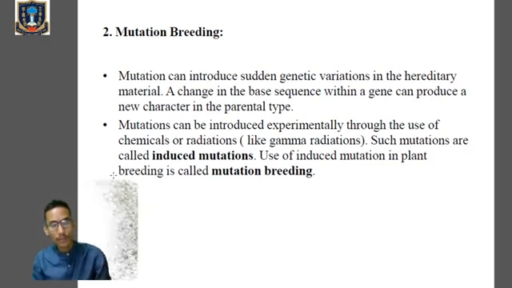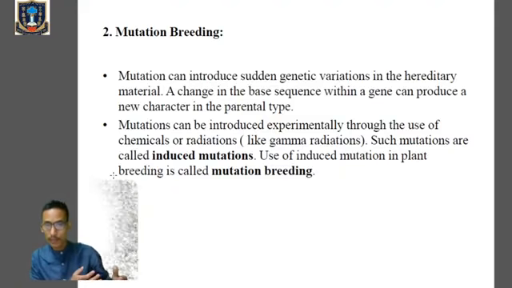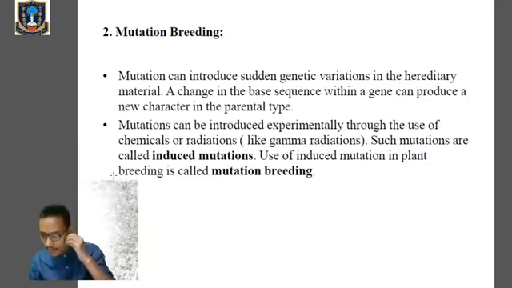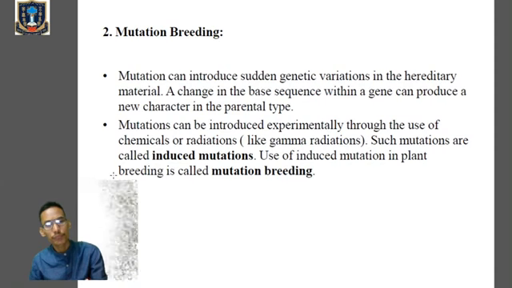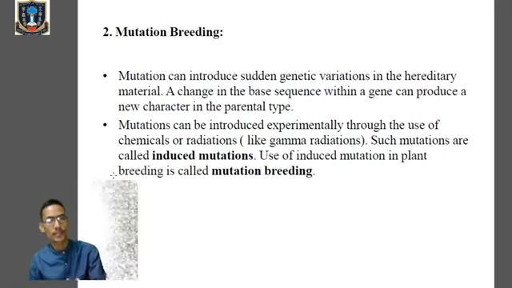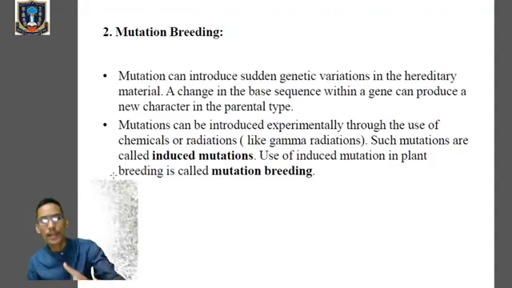Since mutations are able to produce new changes, they are able to bring new characters. So this type of changes can be brought in plants for the benefit, in order to develop the plants which are resistant to diseases, resistant to pests. So we can introduce these mutations in the plants also.